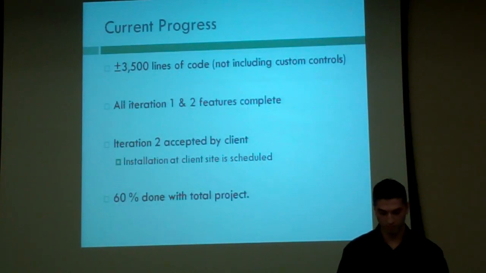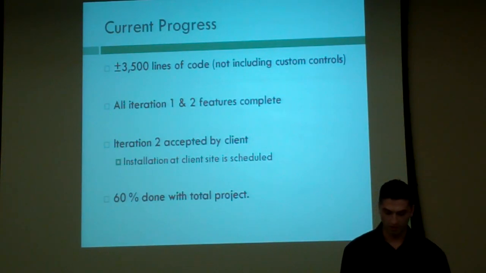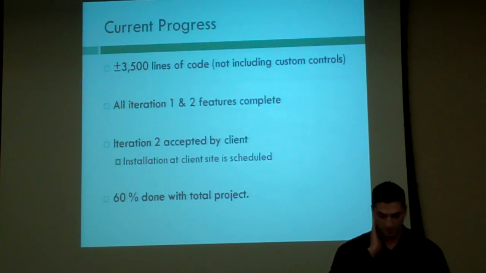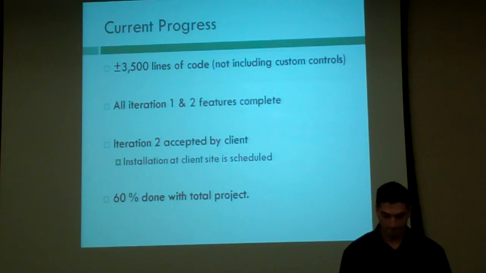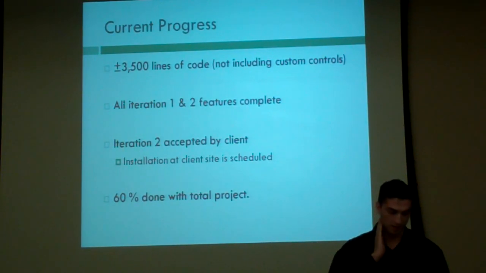In conclusion, for our project thus far, there have been upwards of 3,500 lines of code, not including the custom controls. All of iterations 1 and 2 requirements and deadlines have been completed. Iteration 2 was accepted by the client. Installation of both database and application is scheduled to be done next week at the client's site.